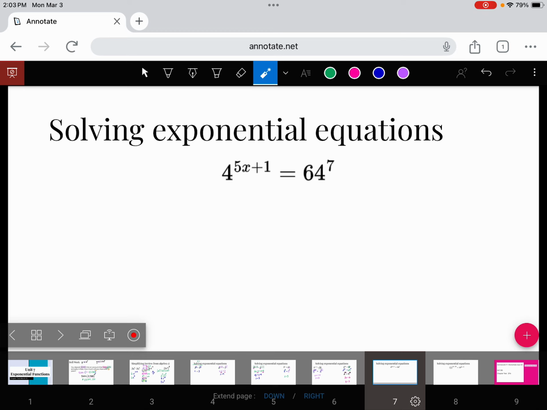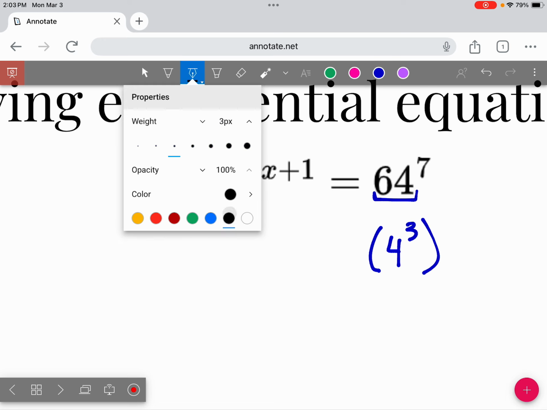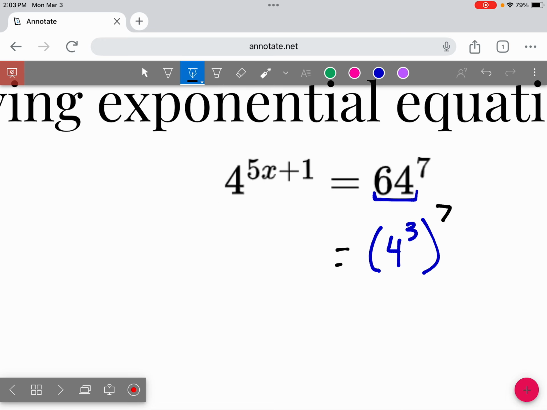64 is a power of 4. 64 is 4 cubed. So I can rewrite this as 4 cubed, still to the 7th, and the other side hasn't changed: 4 to the 5x plus 1. What do we do next?